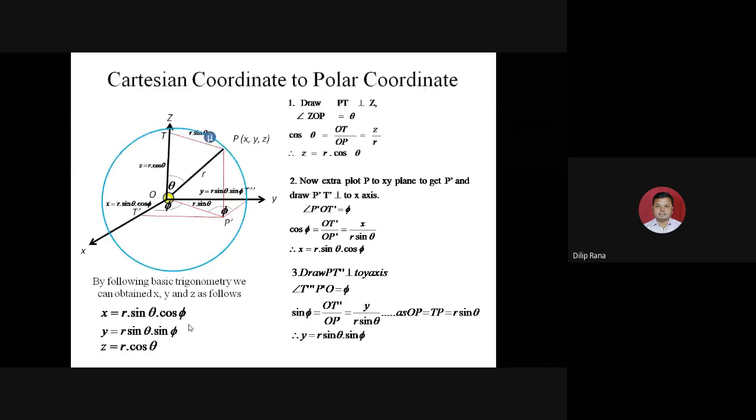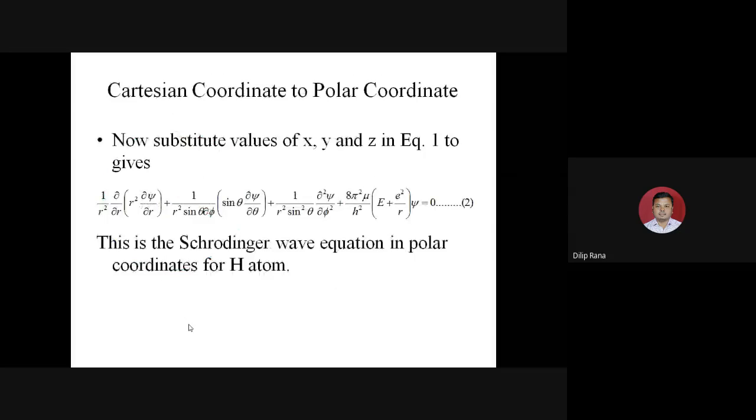So we got the polar coordinate in the previous class, and then accordingly the Schrodinger wave equation. This is the simple Schrodinger wave equation, but in terms of the polar coordinate. If we see here, there is no Cartesian coordinate. There is r, then theta, and then the phi value. So in this way, we obtained the polar coordinates in the previous class.